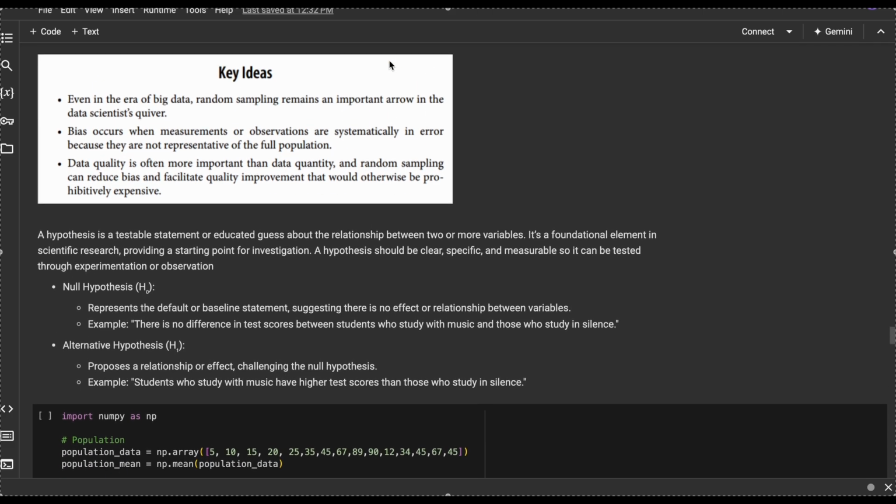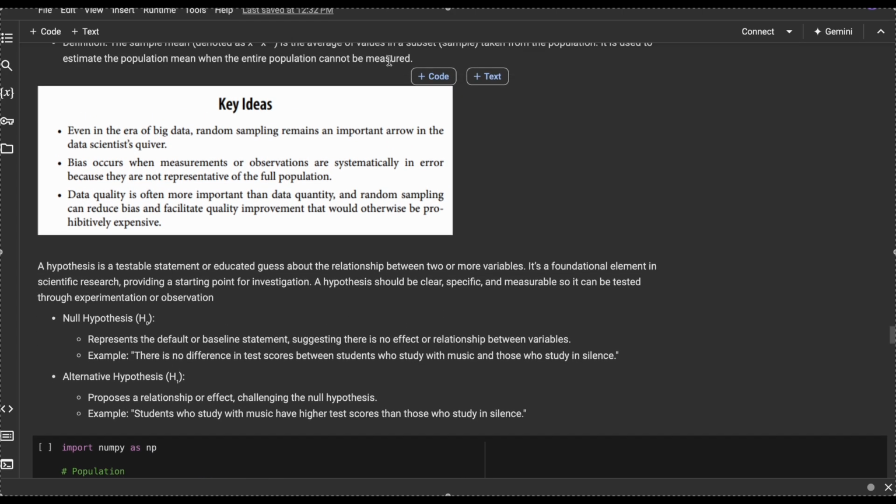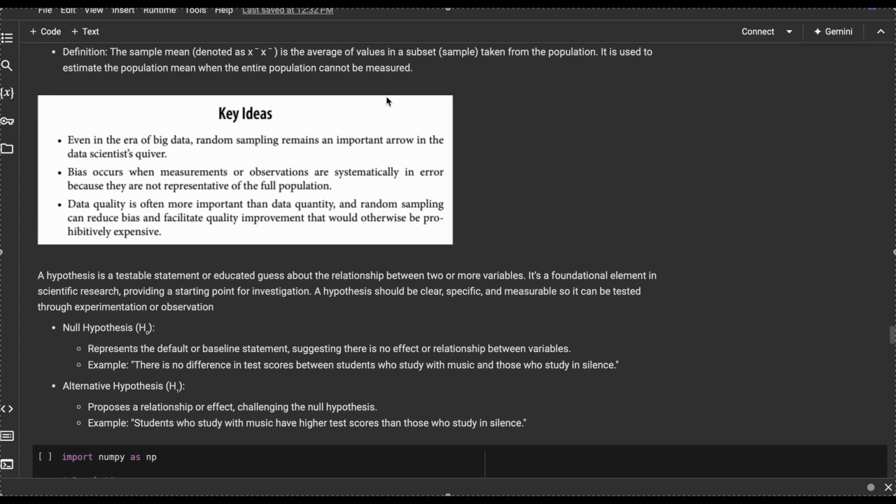And then next, hypothesis. I already discussed the null hypothesis previously. To clarify, the null hypothesis is a statistical term used in hypothesis testing.